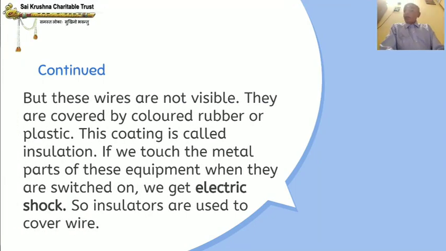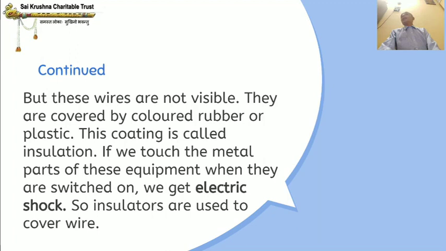These wires are not visible. So in all the electrical equipments that we will be going to see now shortly, right, have wires, but they are invisible. They are covered by colored rubber or plastic, right?